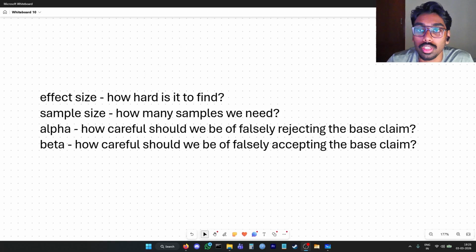All right, so what is effect size? Effect size is basically trying to figure out how hard it is to diagnose or accept or reject a certain outcome, right? For example, if we have to figure out whether this certain medicine increases or decreases the chance of diabetes by 2%, it's a pretty small effect, right? Since it's a very small effect, we need to bump up the sample size, be careful of the alpha and beta as well. But for example, suppose we have to design a parachute.